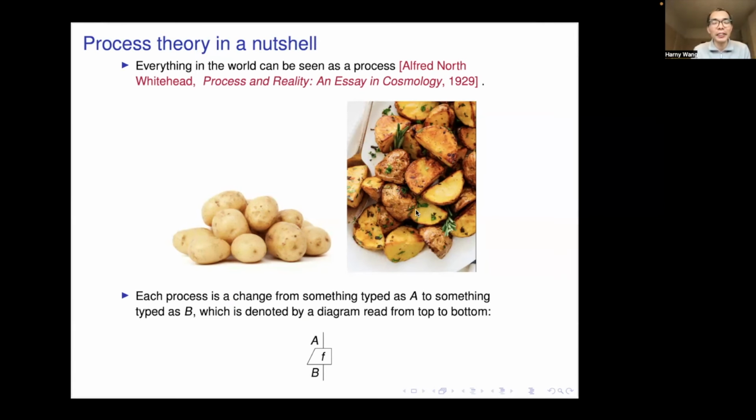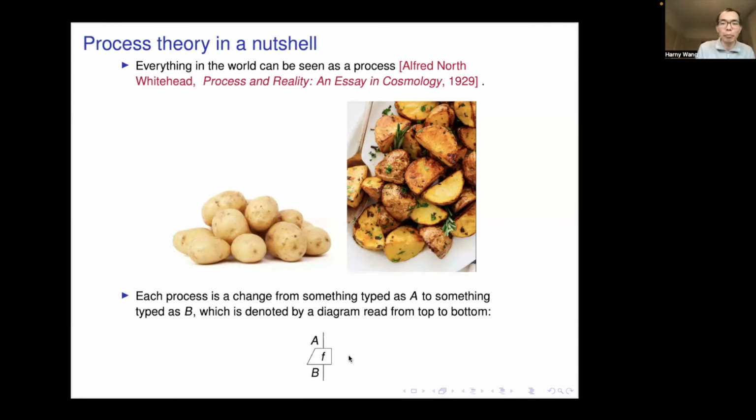So the idea is, let's abstract a general process to see what it is. Basically, each process is a change from something, which we give a name, say A, to another thing, say B. We call this process F, and we draw it as a box from A to B. Usually we read from top to bottom.